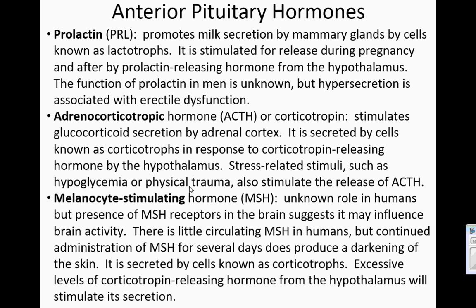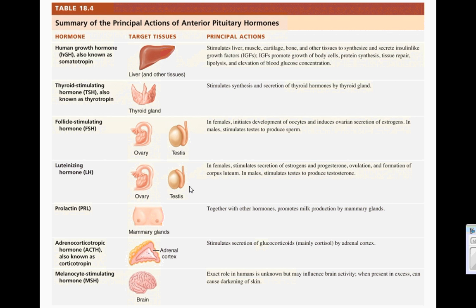That sounds straightforward, that melanocyte stimulating hormone would stimulate those cells, but we don't produce much of it in normal cases. Okay. If we release too much corticotropin releasing hormone, it will cause the release of this hormone in high numbers. So that's interesting. I assume someday we'll figure out what it does. Maybe not for a while though.